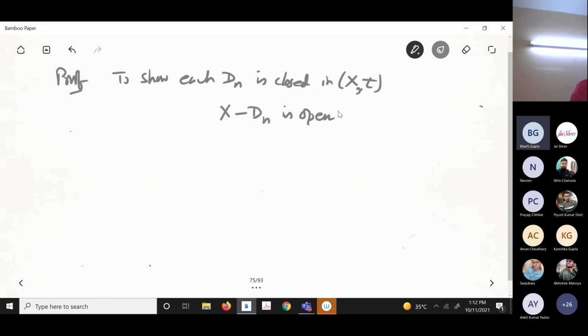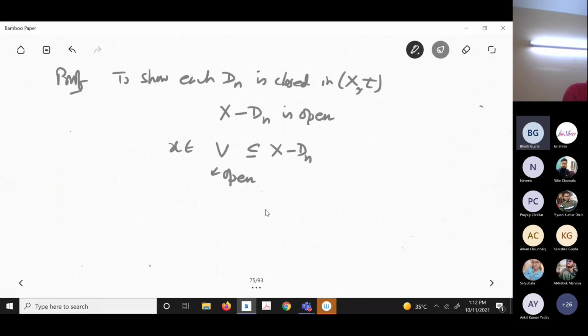In order to prove it is open, I will prove that any point here is an interior point. That means if you take X minus D_n, I will be able to put a neighborhood, an open set, inside, so that X minus D_n will be open and D_n is closed.